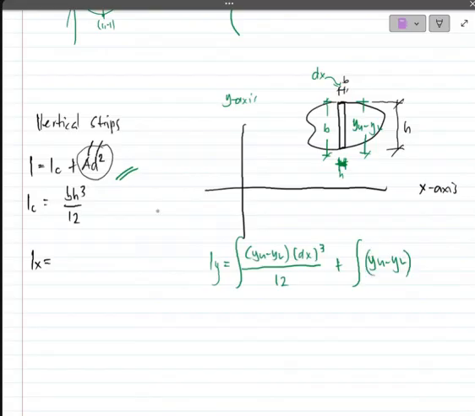Then for the distance, the centroid of the vertical strip is at this point. So this dimension is x. Therefore, our distance d is x squared dx.